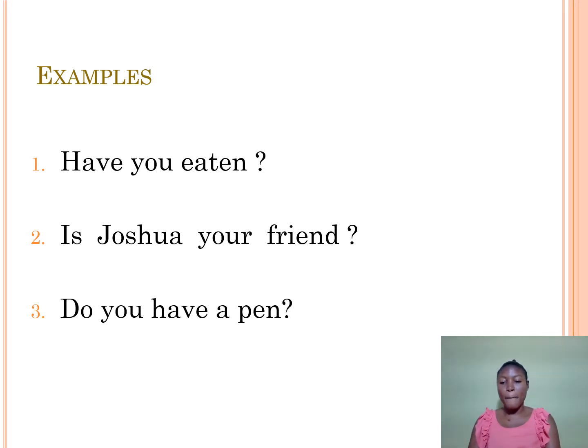Now you can see that all these 3 sentences end with a question mark. So you see, this is a confirmation that in order to be able to identify a question sentence, you should look out for the question mark. Good. So now you know this. Let's move on.